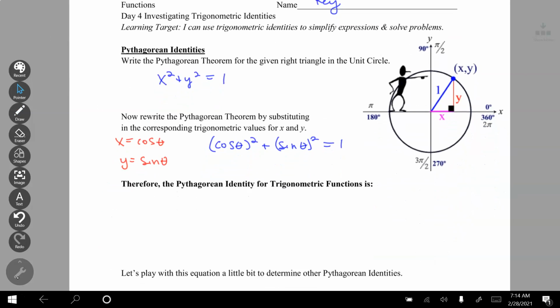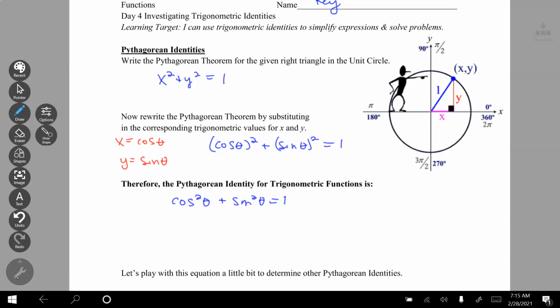But I don't really want to write it with parentheses, so a better way of writing it would be cosine squared theta plus sine squared theta is equal to 1. That is the better way of writing it.